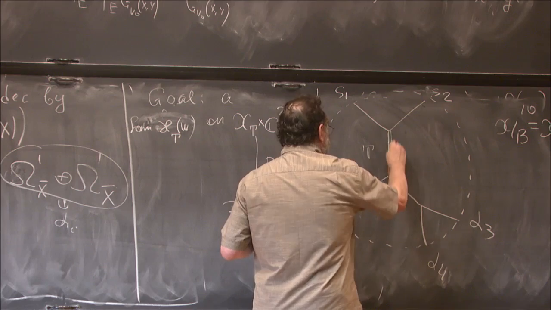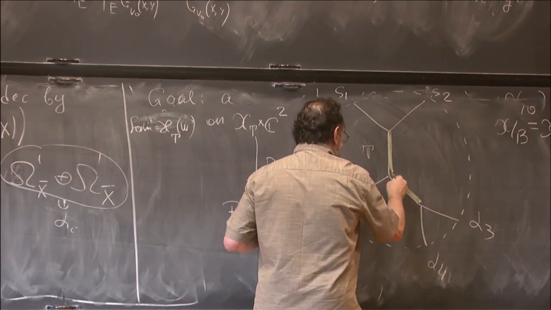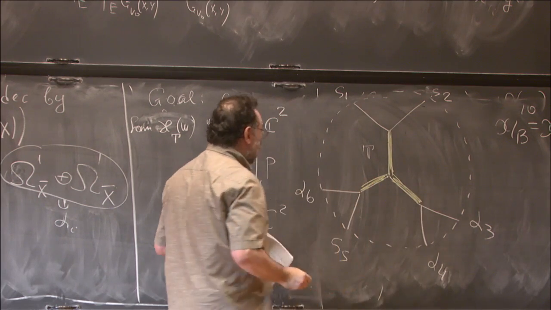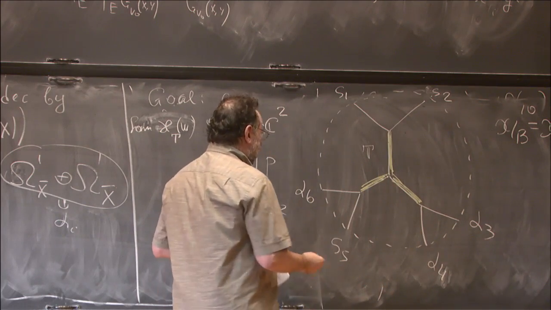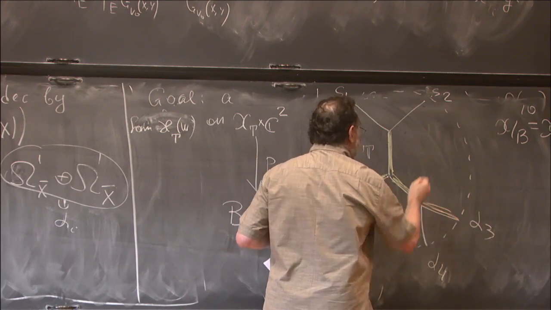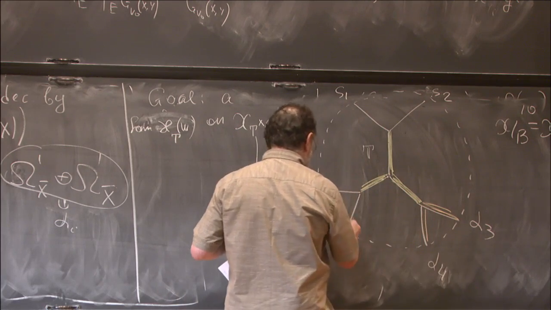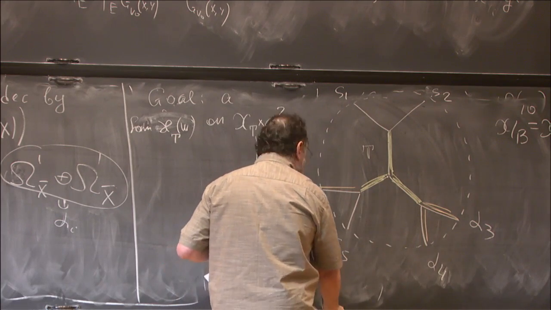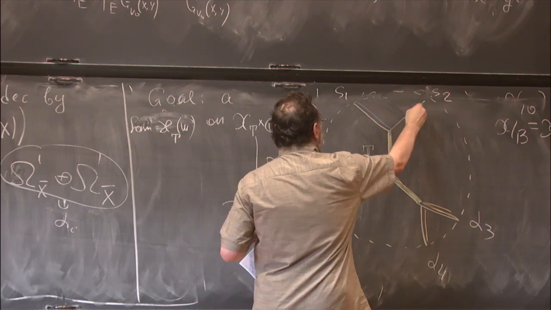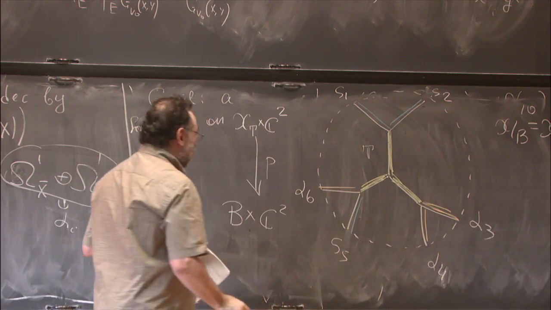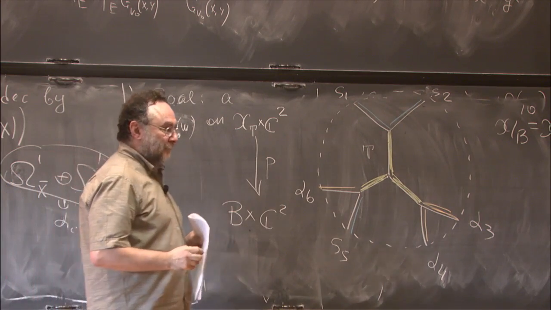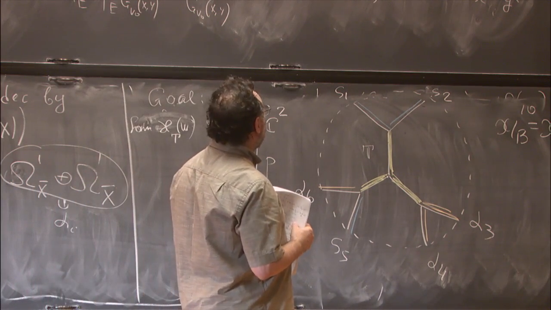There are the edges where I put green functions differentiated by d^c. Then there are edges where I put alphas, like these edges. And then there are other edges where you put the delta functions.